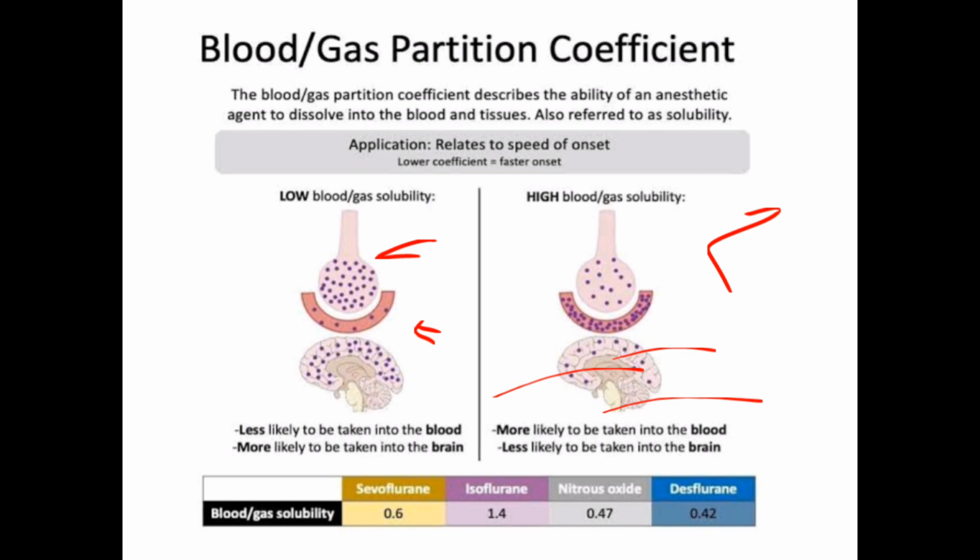So using this picture here, we see the low blood gas solubility aspect.